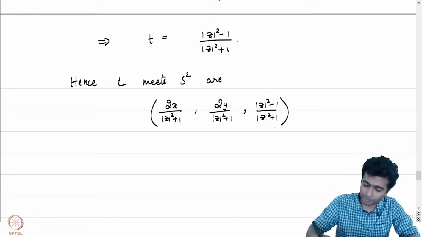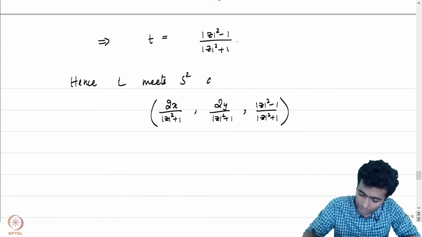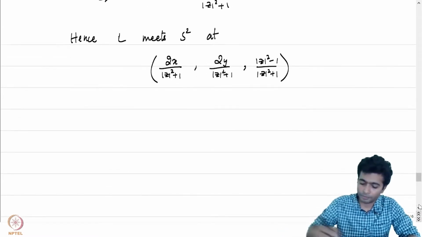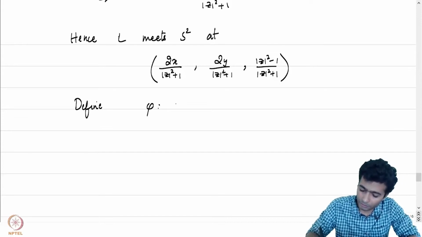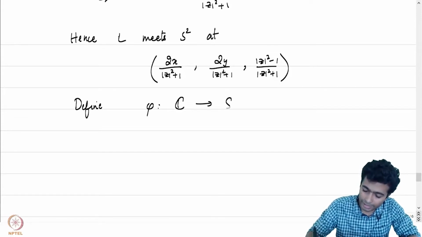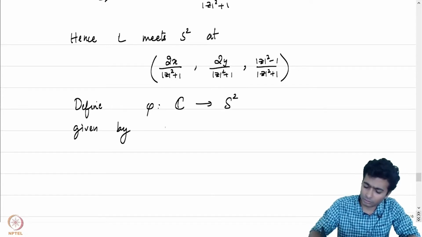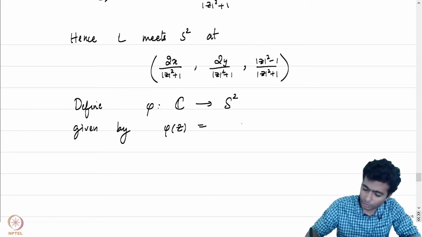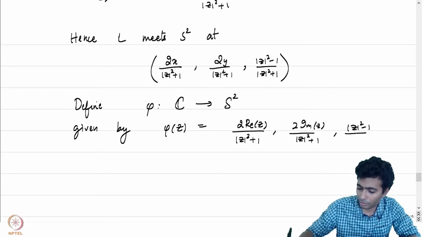So let's define a map phi from C into S2 given by phi of z is equal to 2 times the real part of z by (mod z square plus 1), 2 times the imaginary part of z by (mod z square plus 1), and (mod z square minus 1) by (mod z square plus 1).